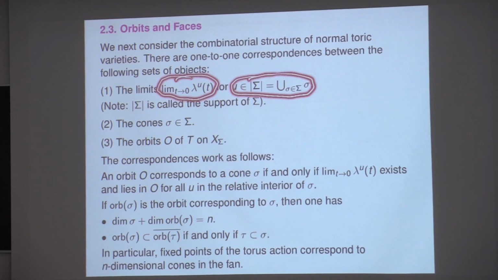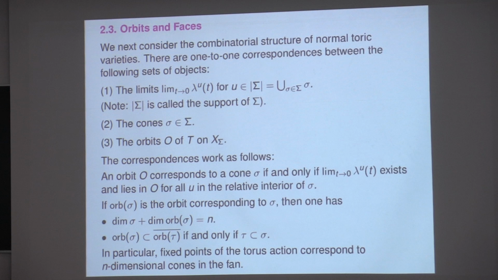You have all your cones over there. These u's are points in that support. I guess here we should be intersecting this thing with C^n. And then for those you see what the possible limits are. They go to the orbits when you use points in the relative interior of the cone.